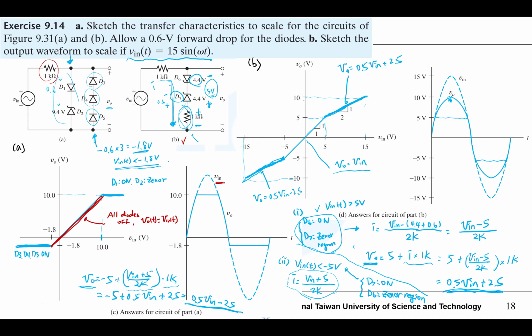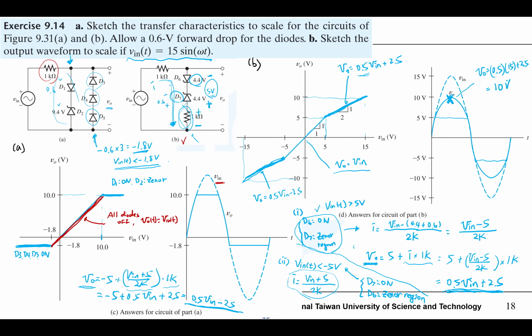It has a voltage, but because of this slope, the output voltage will be smaller than the input voltage because it is multiplied by 0.5 plus 2.5. So to find out this point, you can use this equation. At this point, VO equals 0.5 times 15 at the peak plus 2.5.